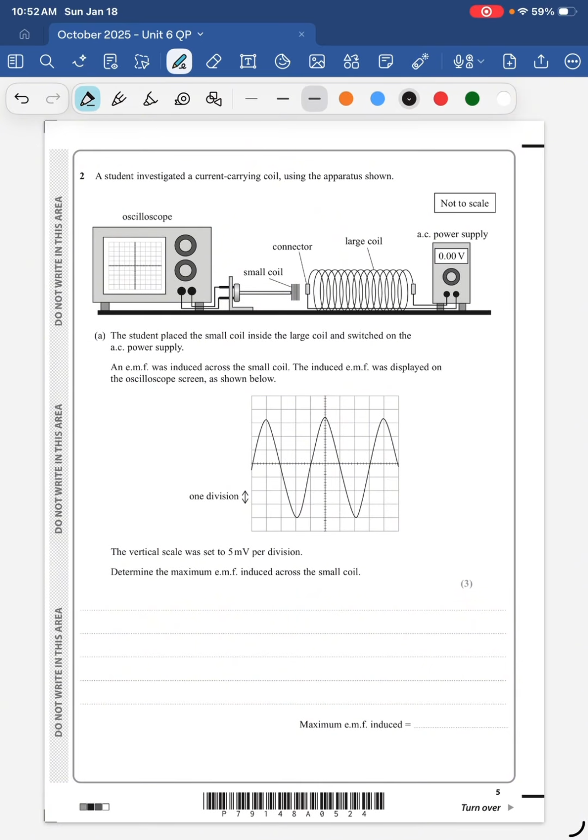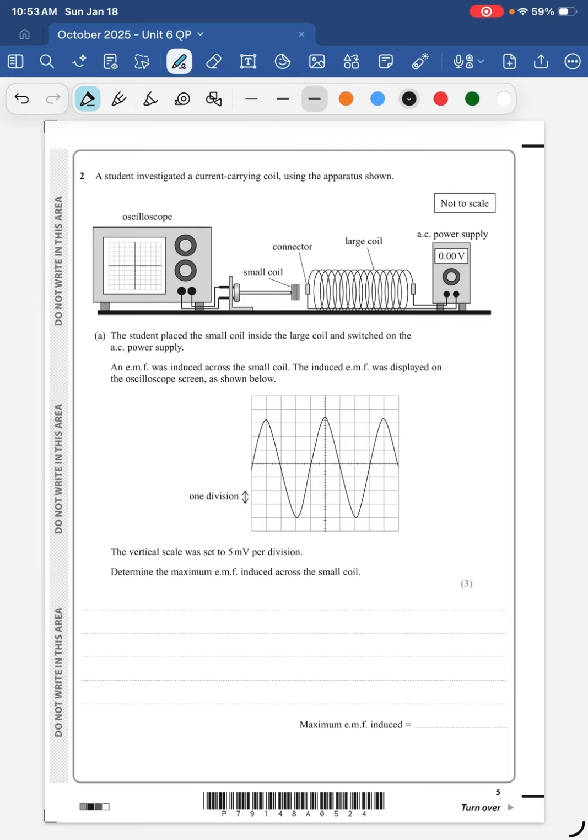A student investigated a current carrying coil using the apparatus shown. There is a small coil over here, a large coil, a connector. The student placed the small coil inside the large coil and switched on the AC power supply.